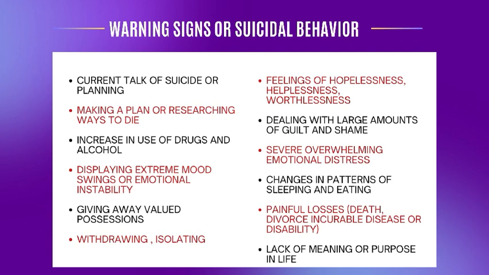Someone currently talking of suicide or planning, someone that's displaying extreme mood swings or emotional instability, someone giving away valued and prized possessions, someone that has changes in patterns of sleeping and eating, someone that may have experienced some painful losses due to maybe death, divorce, an incurable disease or disability, and someone that has feelings of hopelessness, helplessness, and worthlessness are among some of the warning signs that we can look out for someone who may be contemplating suicide.